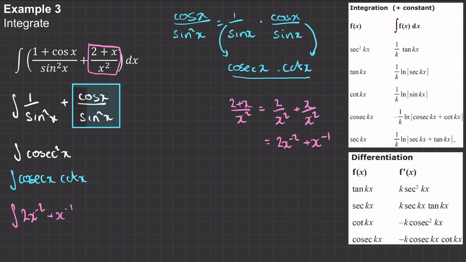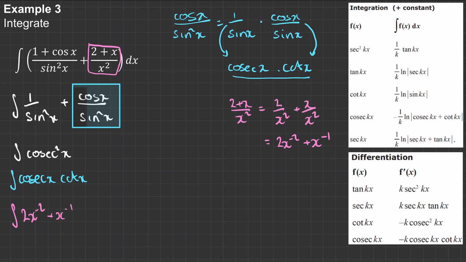So now we want the integral of cosec squared x. And you can see this does not appear on our standard integrals, but it does appear here. So the integral of cosec squared kx will be cot kx. And in this case, k is 1.